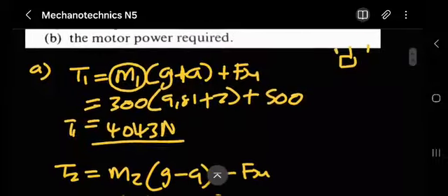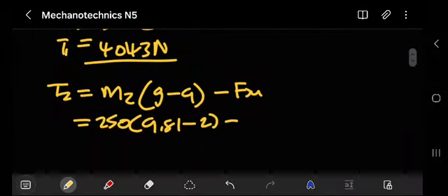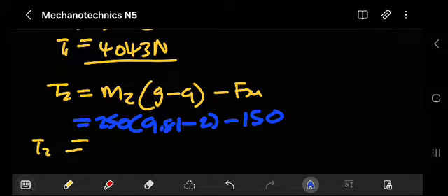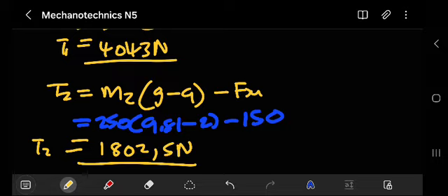This is the balance mass by its 1/5. So punching this in for T2, we get 1802.5 Newton.